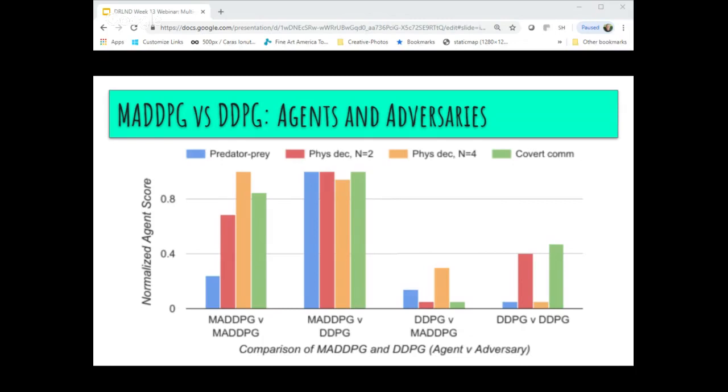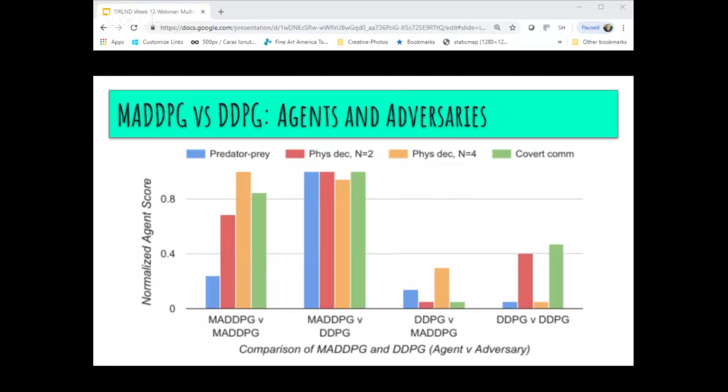For example, physical deception with n equal 2 and n equal 4 both did pretty well, as well as covert communication, surprisingly. I think that seemed to be one of the more difficult ones, and yet it did pretty well. Predator prey, not quite as well, maybe 0.2 agent score, and so it didn't quite do as well in that version when they were both multi-agent.